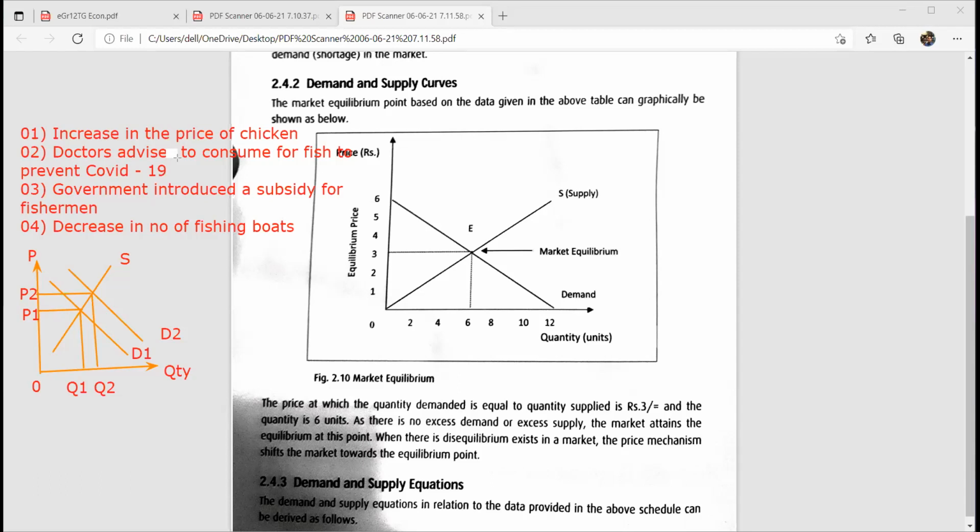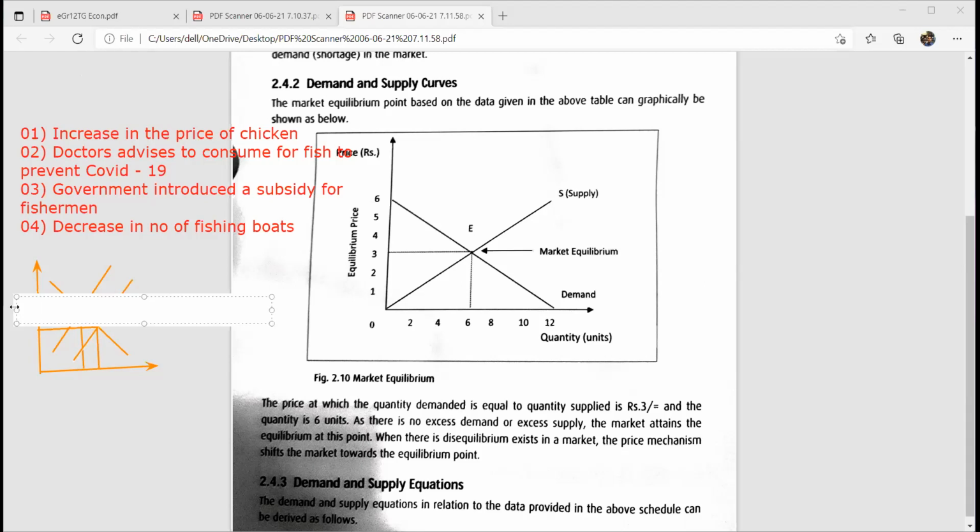Next one, government introduces a subsidy. If the government introduces a subsidy, the supply curve can shift to the right. Subsidy is government support. Then the supply increases, the curve can shift to the right. As a result, price falls, quantity increases.